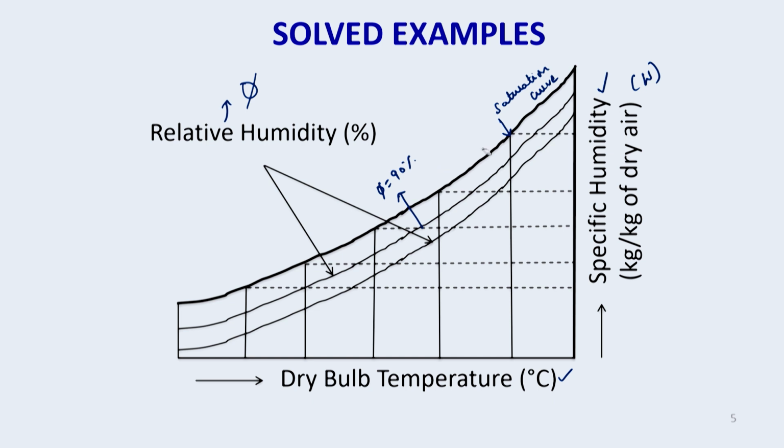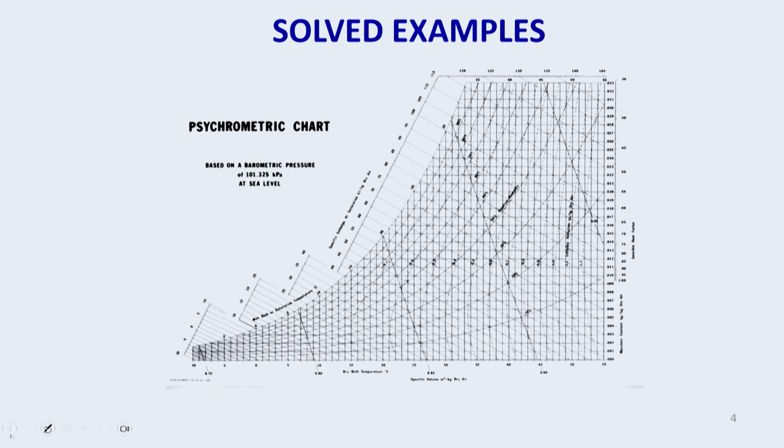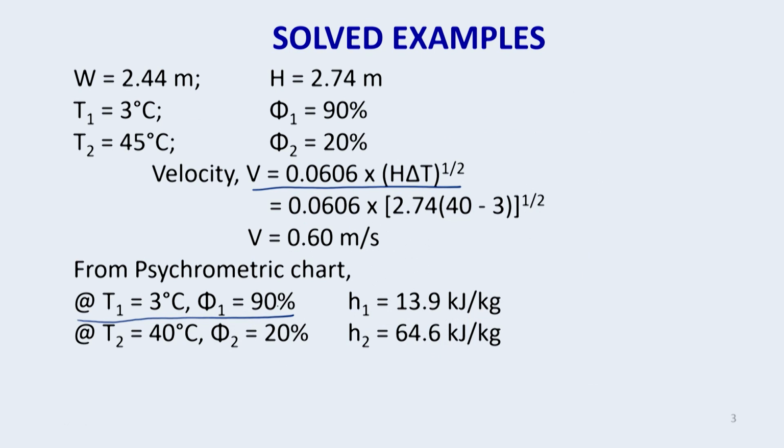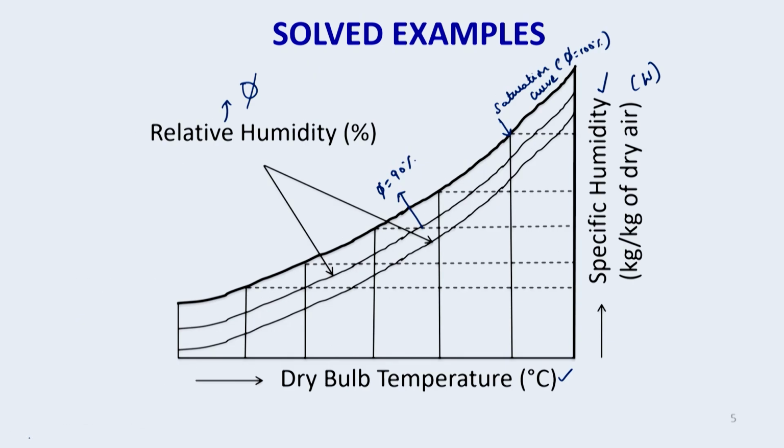This is the saturation curve where phi is equal to 100%, this is 90, this will be 80 and so on. The intersection point of 90% and 3 degrees centigrade gives the value H1. Again, where to read the enthalpy value?